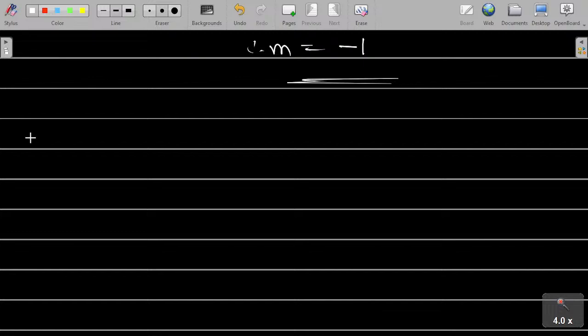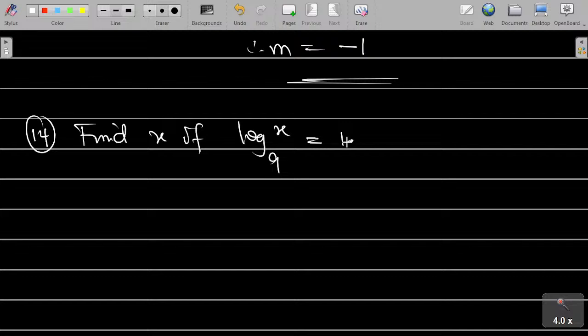Okay, so we go over to the next one, which is number 14. In number 14, we are asked to find x if the log of x base 9 is equal to 1.5. All we need to do here is to use the definition of logarithm.